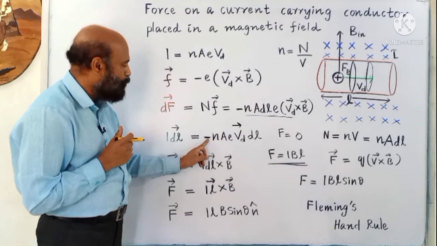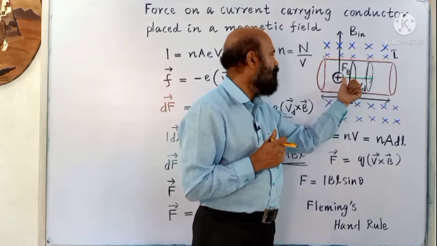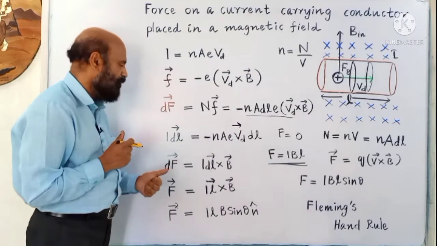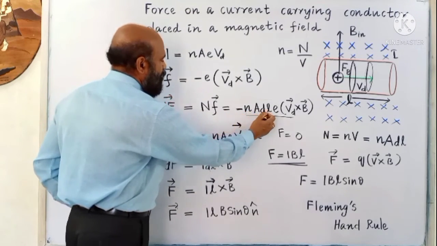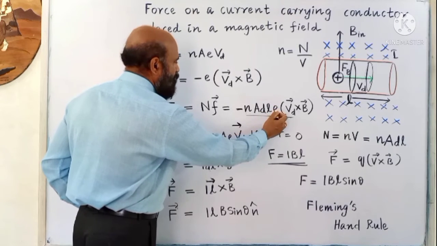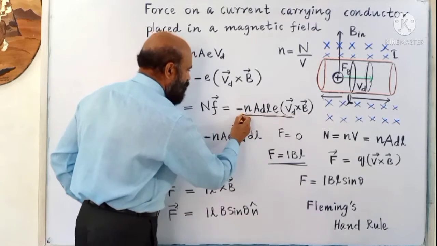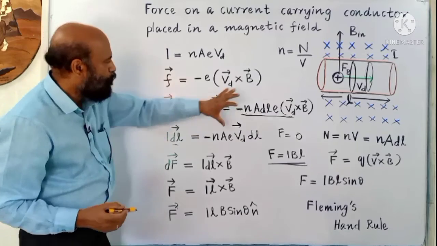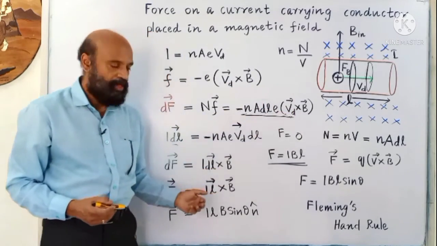Since they are in opposite directions, there is a negative sign. Current is in this direction and drift velocity is opposite to the current. That is why there is a negative sign. So now including this negative sign, n A dl e Vd, we can write I dl. So in this expression, dF for this part we can write I dl cross B.